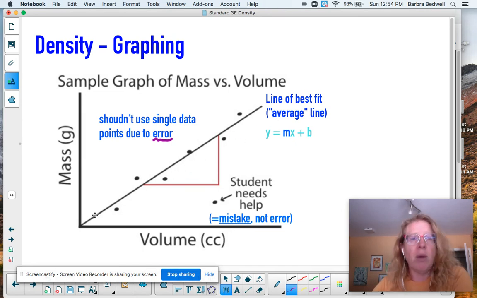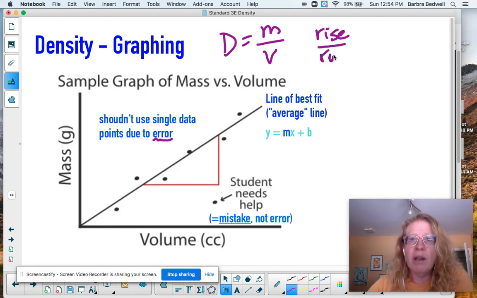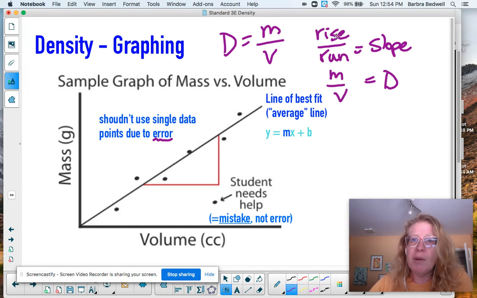And I'll remind you that we get density from this graph because density equals mass divided by volume. And if we set this thing up right, rise over run is also known as slope. So if we take a look at these two equations right here, we can say that the density of something is equal to its mass over volume, as long as we have the graph set up so that the mass is the rise and the volume is the run.